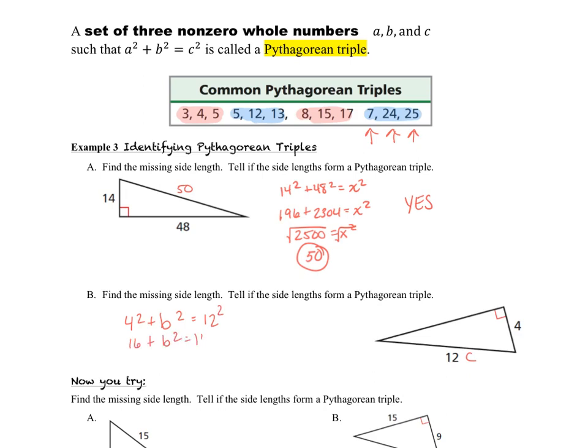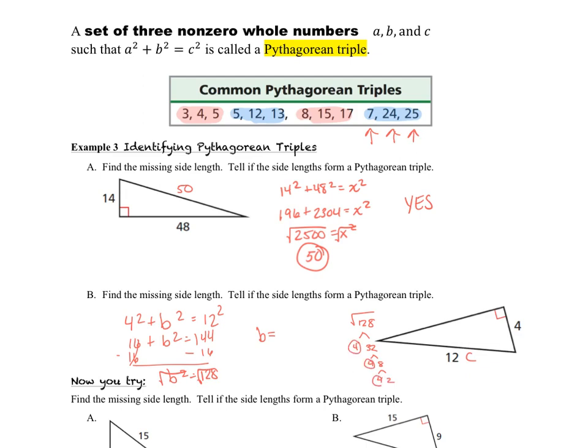Subtract 16 from both sides. b squared equals 128, and so we take the square root of both sides to get b isolated. You have to simplify that 128, so you can do a factor tree like 4 and 32, and 32 is 4 and 8, and 8 is 4 and 2.